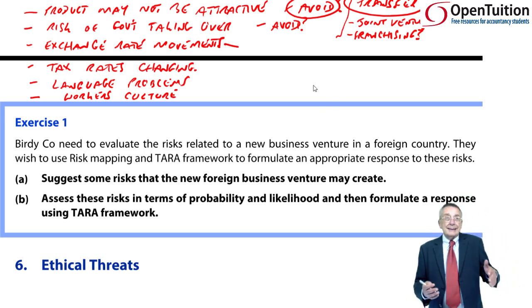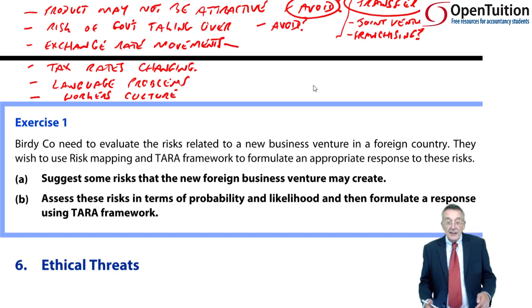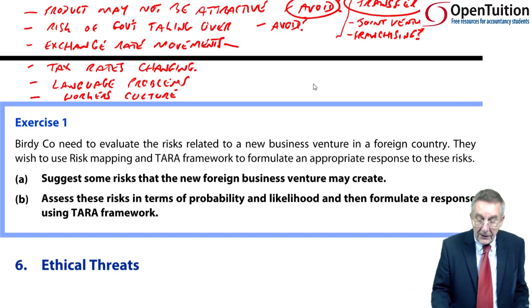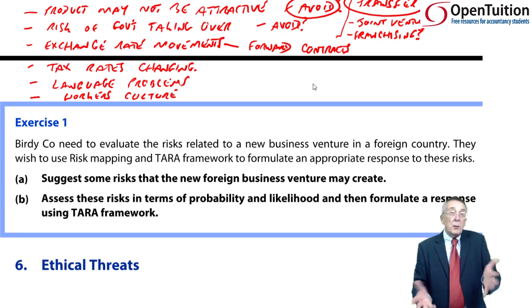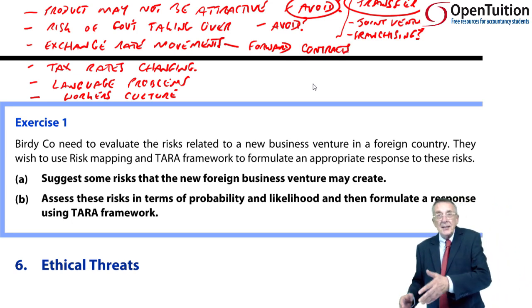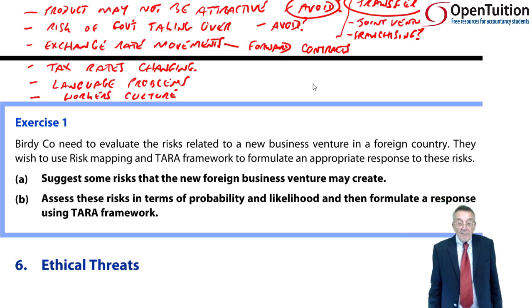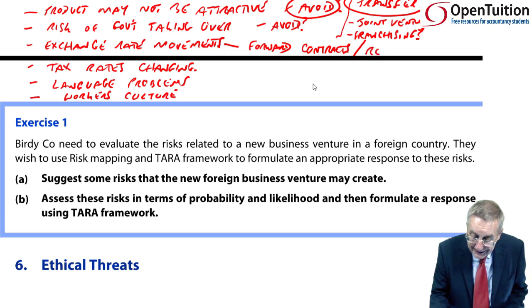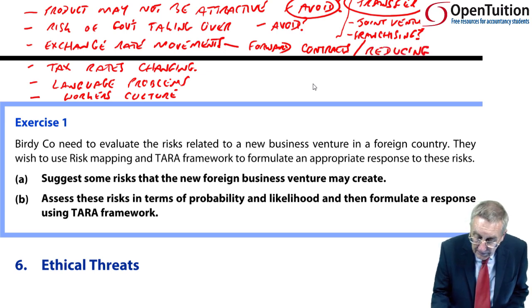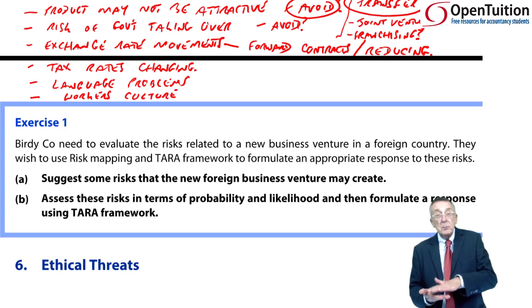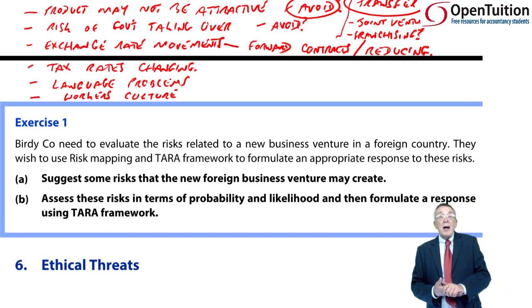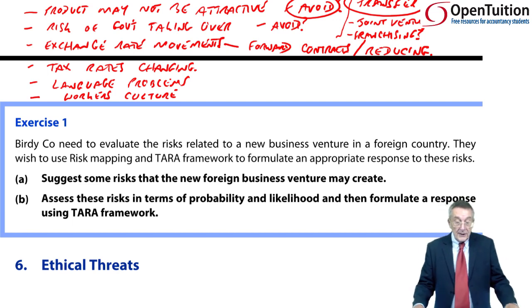And there are various ways on foreign currency markets, so things called futures and forward contracts, which I'm not going to go into in detail here. A forward contract is where you fix a rate today that applies in the future. That would be a way of reducing the risk. To an extent, you may even be able to remove it completely. But certainly, there are ways of reducing foreign exchange risk.